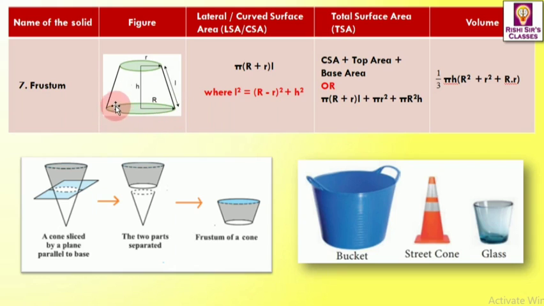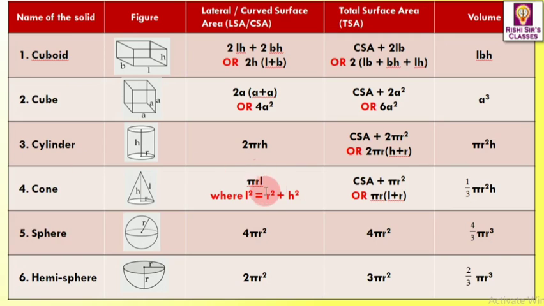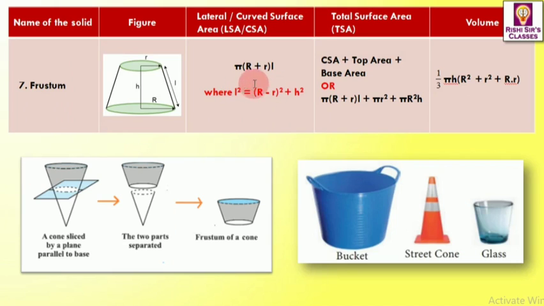Greater radius is capital R, smaller radius is small r. So we are having the CSA as pi (R plus r) l, or we can say pi (r1 plus r2) l. In case of cone, l square is equal to r square plus h square. In the case of frustum, l square is equal to (R minus r) square plus h square. You can see the similarity between the formulas.